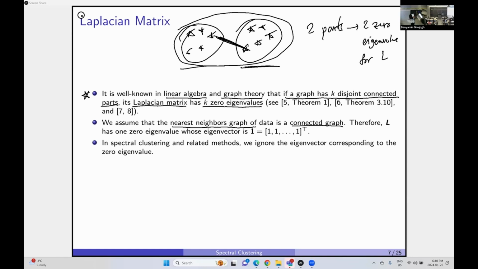Agreed? So in spectral clustering and related methods, we ignore the eigenvector corresponding to the zero eigenvalue. Because we are going to work with the eigenvectors and eigenvalues of the Laplacian, and we know that one of them will have zero eigenvalue, we'll ignore that. Okay?